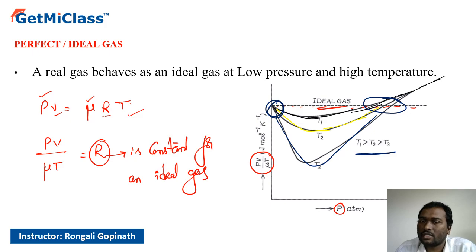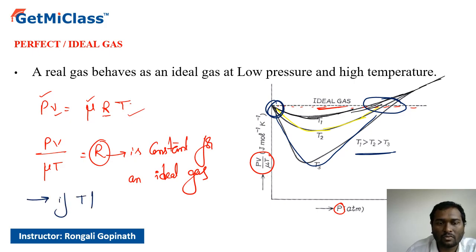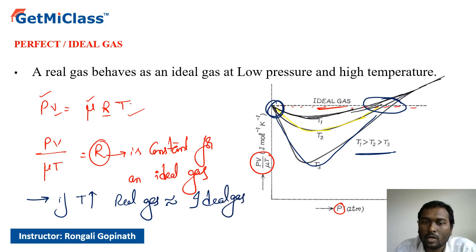When temperature is very high, can I say that a real gas is behaving like an ideal gas? So I can say if temperature is high, a real gas behaves like an ideal gas. Now, what about pressure? Let's look at it on the x-axis.